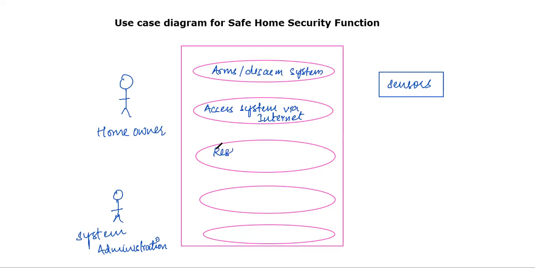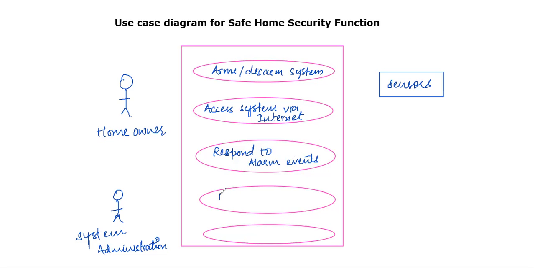Then the next use case will be respond to alarm events. That is, in case of fire, when the alarm rings, what is the response that you're going to take? That is, the water sensors are going to be activated and a call to the fire department will be made.